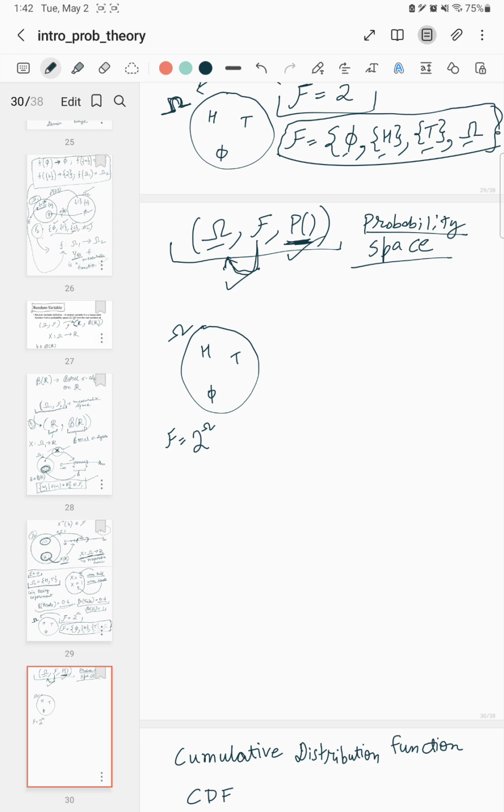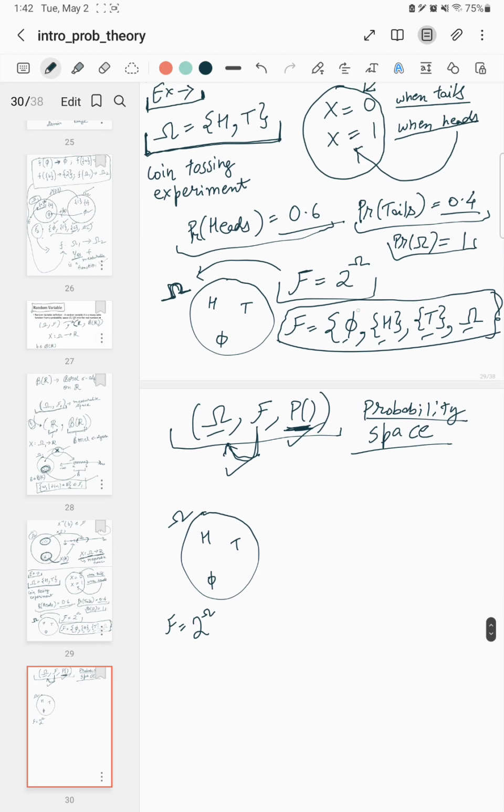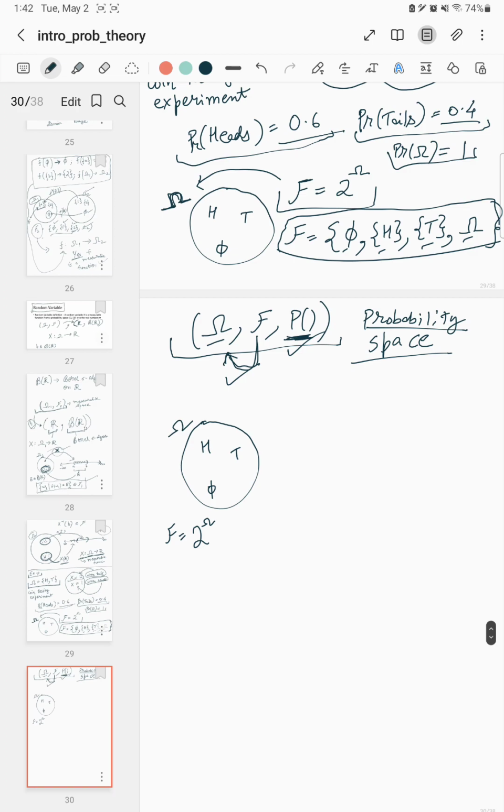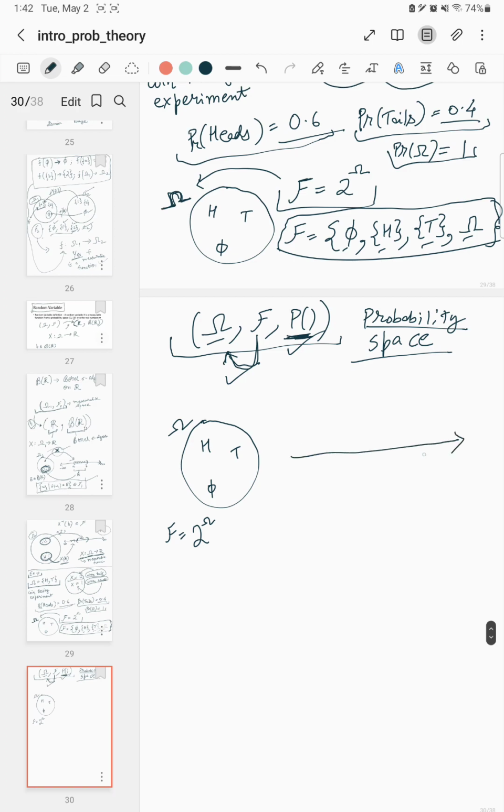Now let's come to our random variable. So we had seen that the random variable will take up the value 0 when the outcome of a coin toss is tails, and it will take up the value 1 when the outcome of a coin toss is heads. Let's say I draw my real number line from minus infinity to infinity, and I have a set which contains heads, and I apply my random variable, which is nothing but a measurable function.